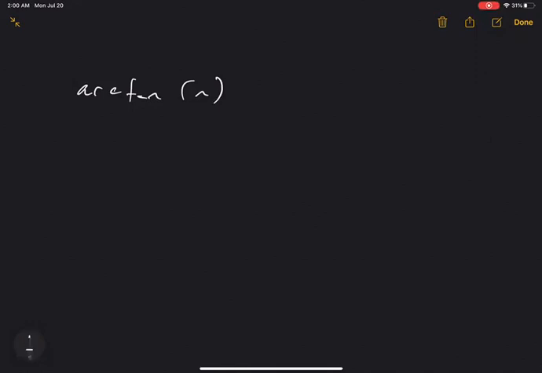I say to myself, hey, this is the integral of something, right? Arctan of x is the integral of 1 over 1 plus x squared, right? I can find a power series for that, right?